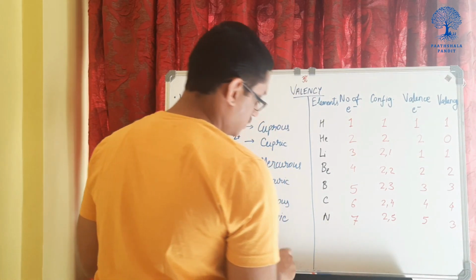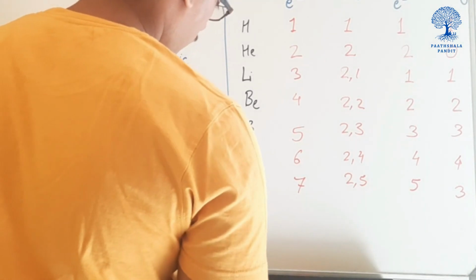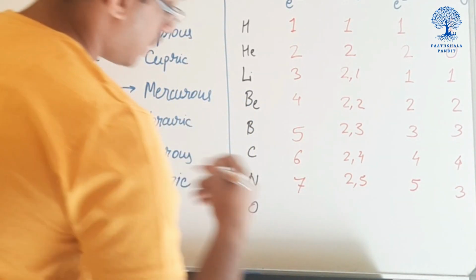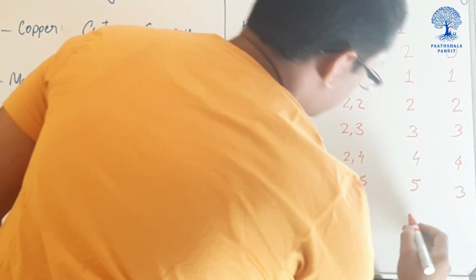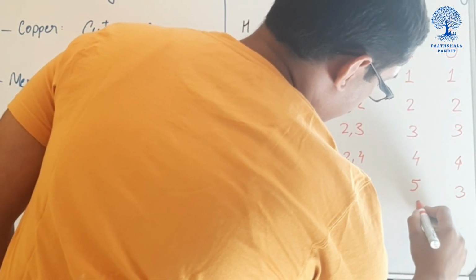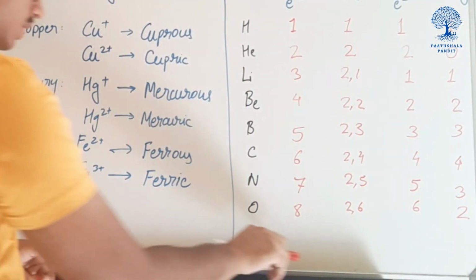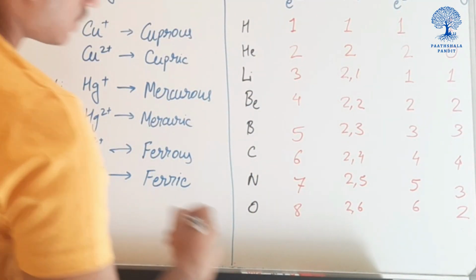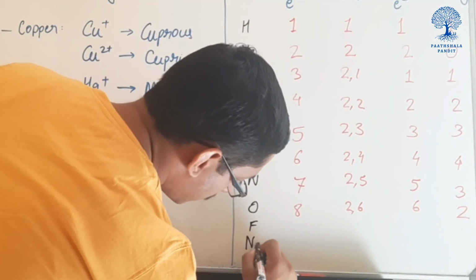Then comes oxygen. Oxygen is of 8 electrons, 2, 6. Valence electrons is 6. Valency is 2 now. Okay. Next comes fluorine. Also I am writing here neon.